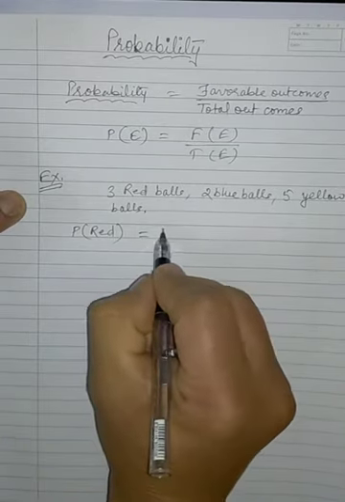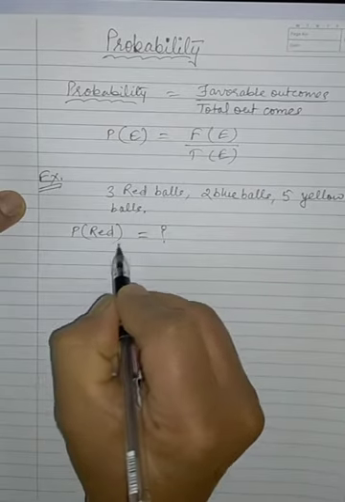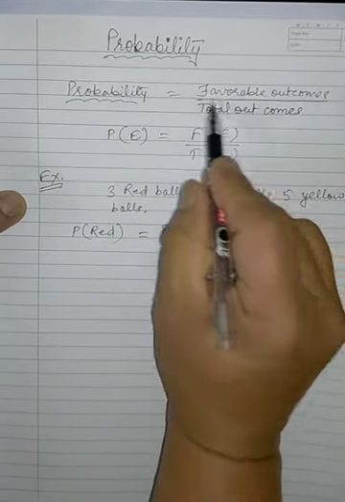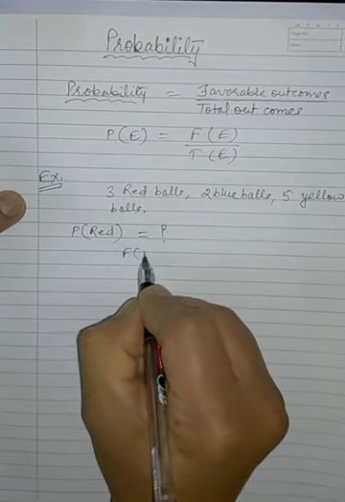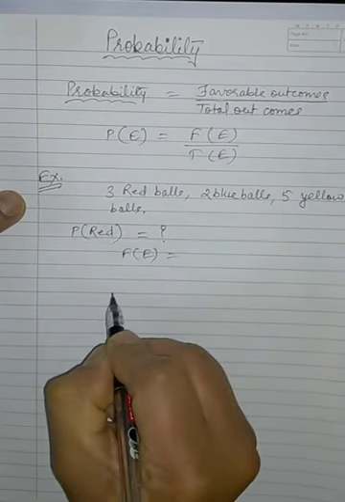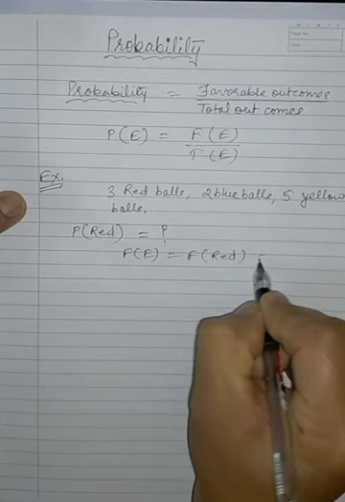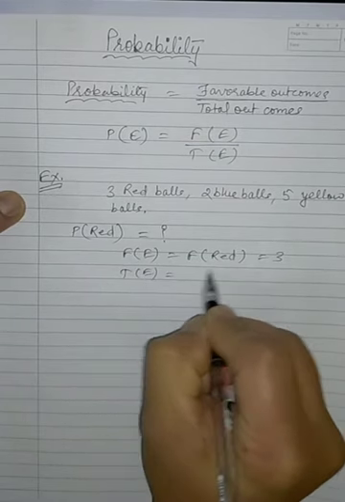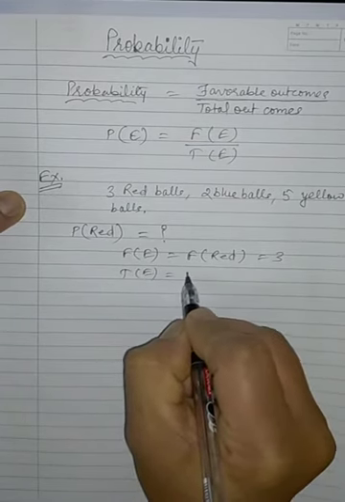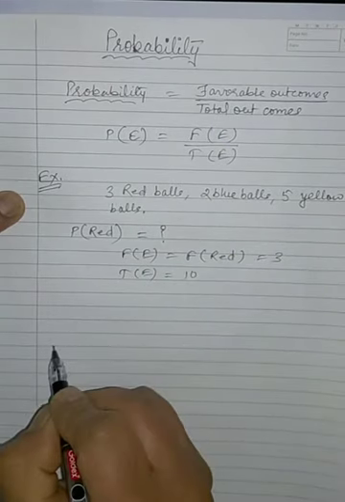So probability of red: to find that, you will see what the favorable outcomes for red are. Favorable outcomes for this event, for a red ball, is equal to 3. Total outcomes of the event is equal to 3 plus 2 plus 5, which is equal to 10.